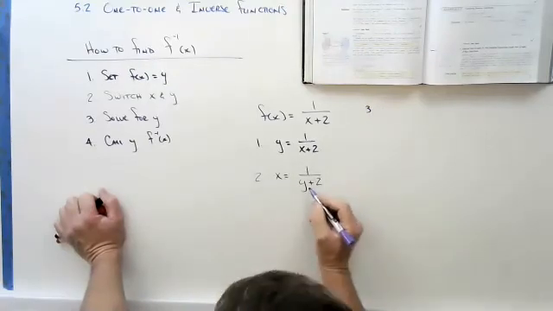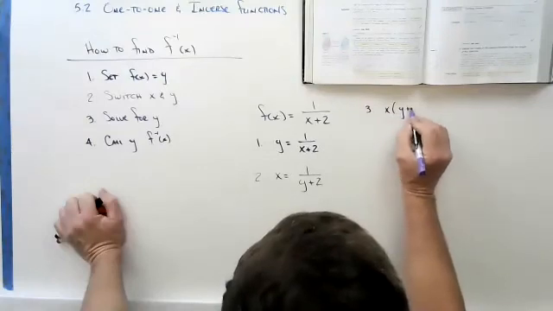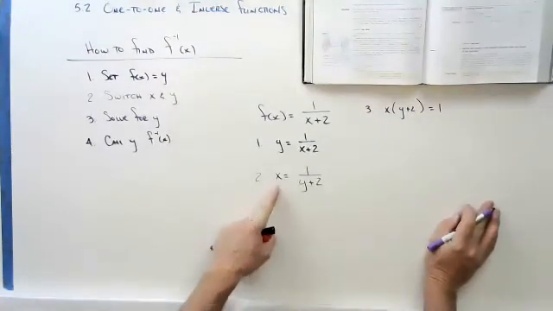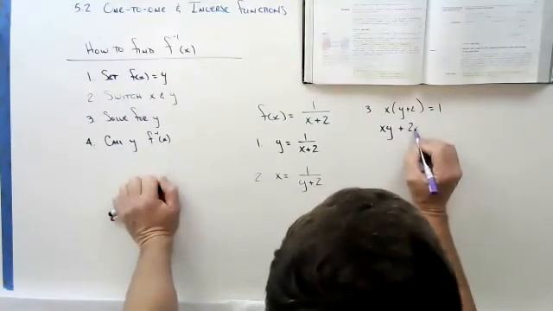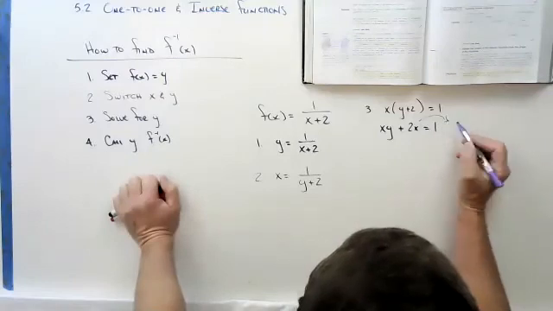Step 3, solve for y. Okay, so we go x times y plus 2 equals 1, right? Cross multiply: xy plus 2x equals 1. Now, distributive property. Very good. Good job. I'll move that over there.